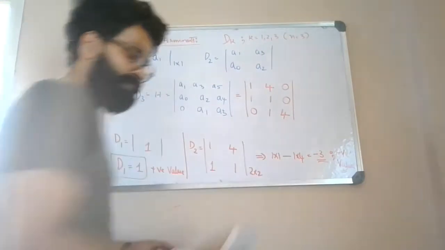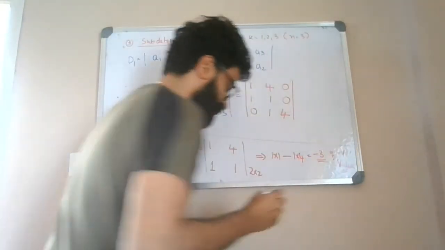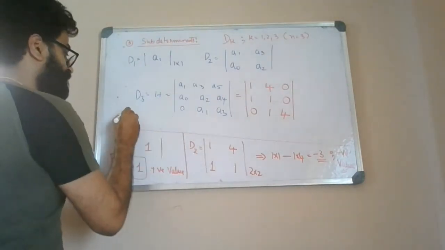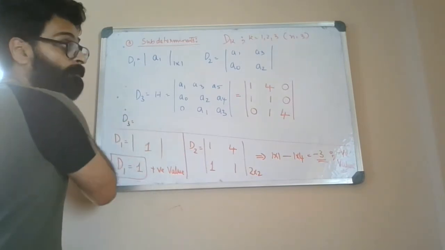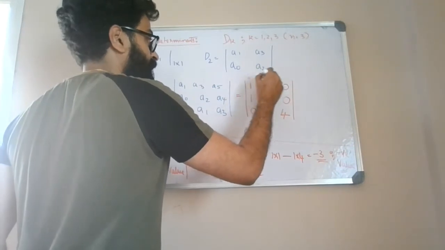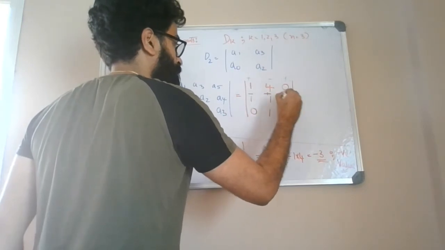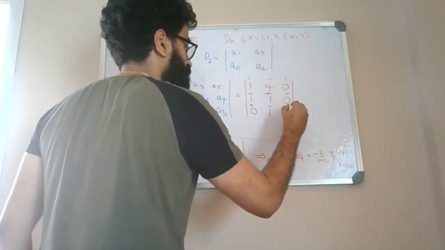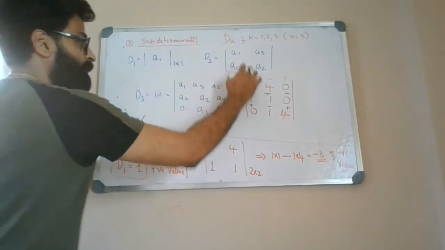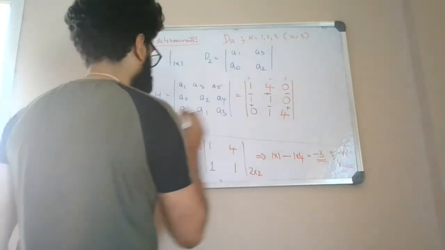Now you need to solve this 3 cross 3 determinant. I hope you remember how to solve it. D3 is equal to, you have to use the matrix sign pattern, plus minus plus, minus plus minus and plus minus plus. So basically 1 into 4 minus 1 into 0, which is 0.